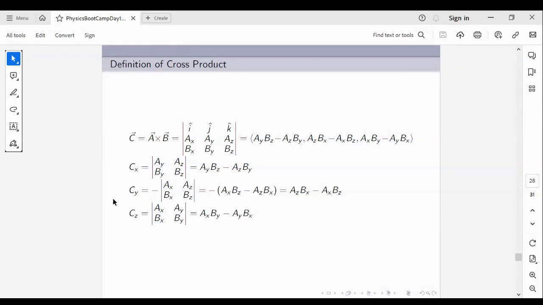So after you take the determinant and then you negate it, this is the expression that you will get. And something very similar for CZ. We strike out the top row, third column because Z is third, and then you take the determinant of what's left over. This time it does go back to the positive determinant.